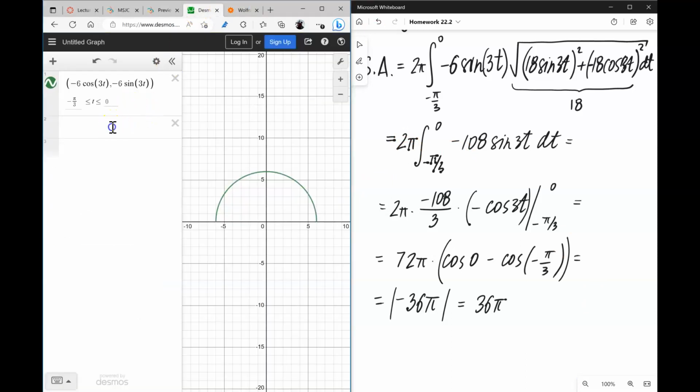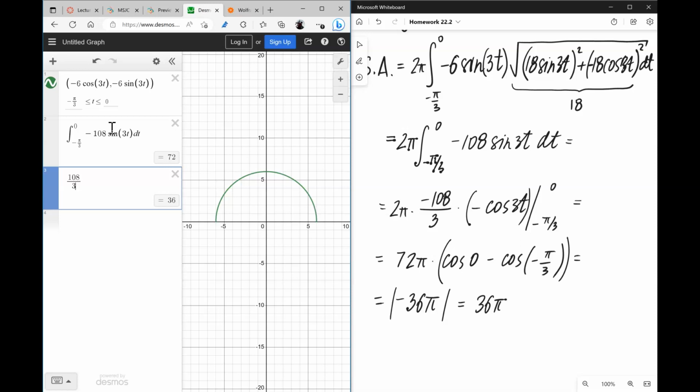First thing, I'm going to check my integral. We integrated from negative pi over 3 to 0, and we integrated negative 108 of sine of 3t dt. What's 108 over 3? That's 36 times 2, 72.